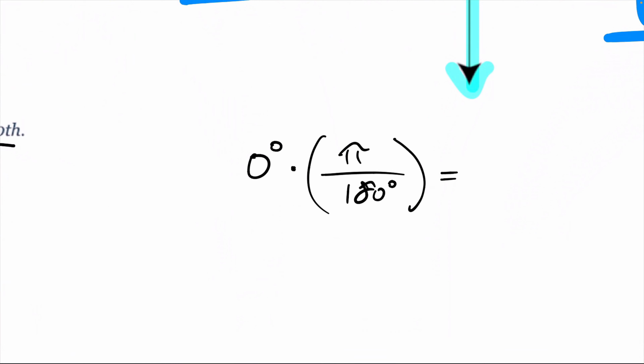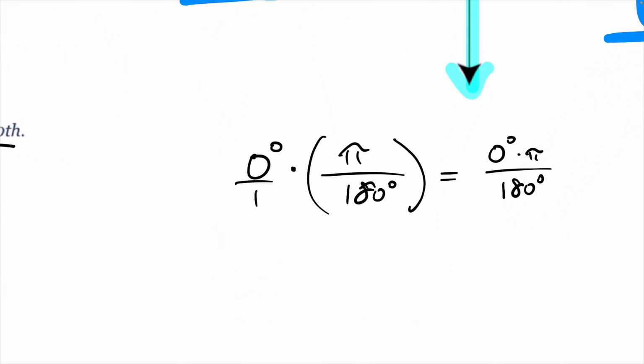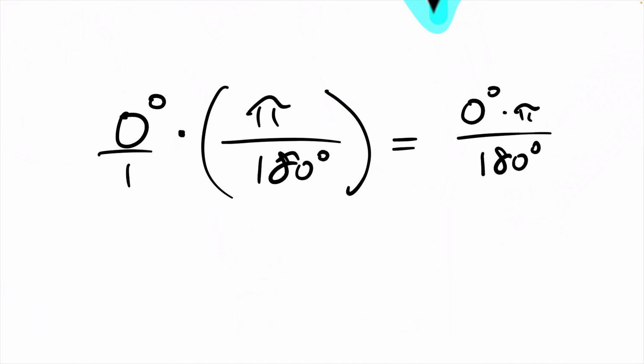Okay, we'll make it a fraction. Multiply straight across. 0 degrees times pi is 0 degrees times pi over 180 degrees. Look for things that cancel out.